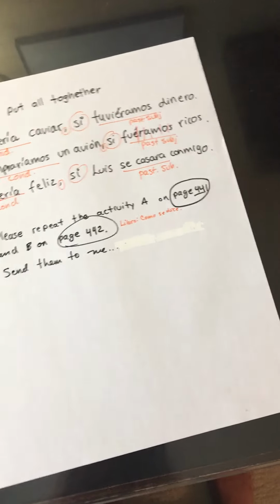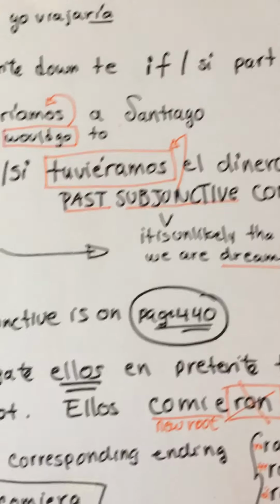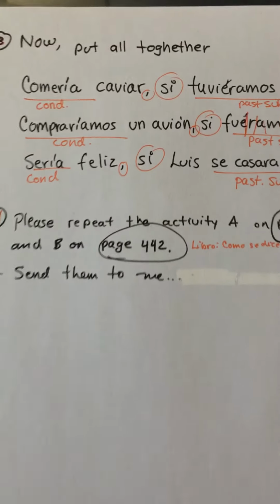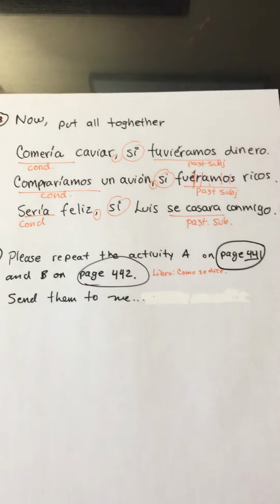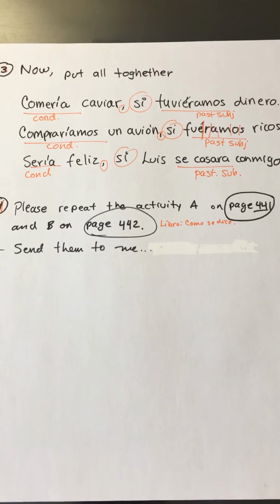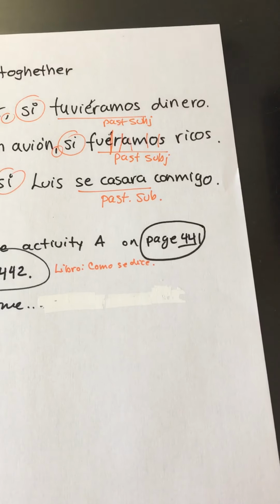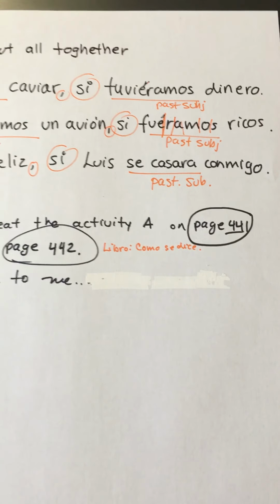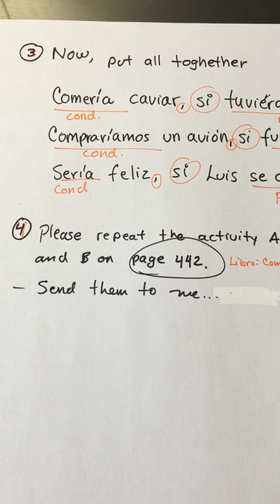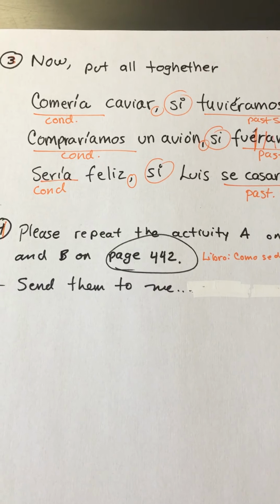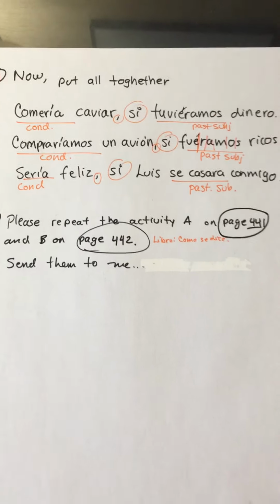I remind you, the past subjunctive is on page 440 of your books, okay? And this is going to be your homework. You've done this before, so I don't think this will be hard for you. Please repeat activity A on page 441. So you rewrite everything. If you don't understand a word, you look it up. And activity B on page 442. And then send them to me.